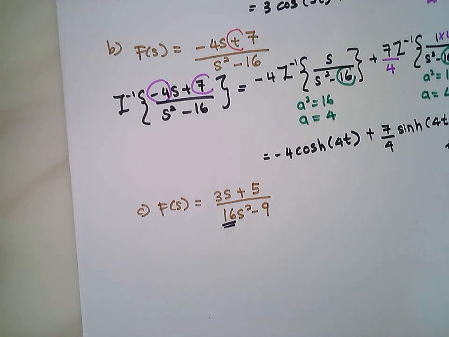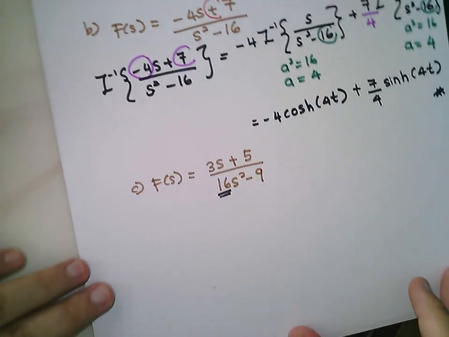Remember in my previous video, I told you if you have any coefficient other than 1 for the s squared, you need to factorize. And when you factorize this one, it will also affect this constant. Okay, so let's try to do it.